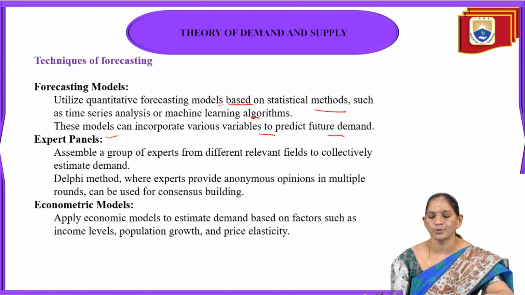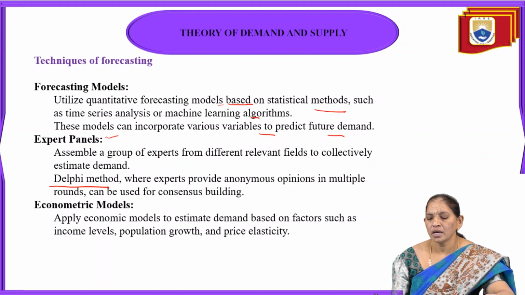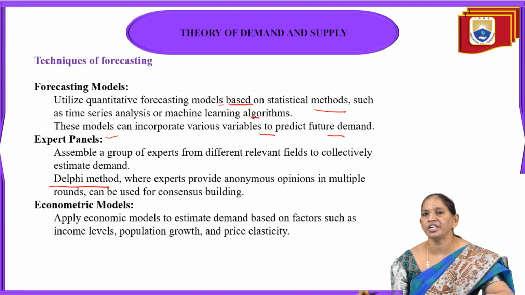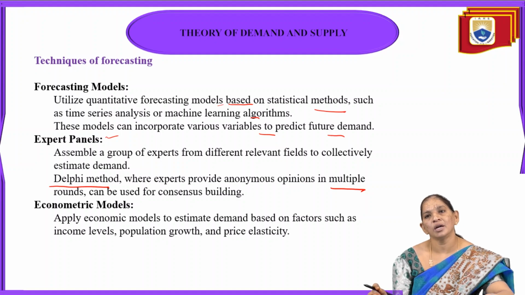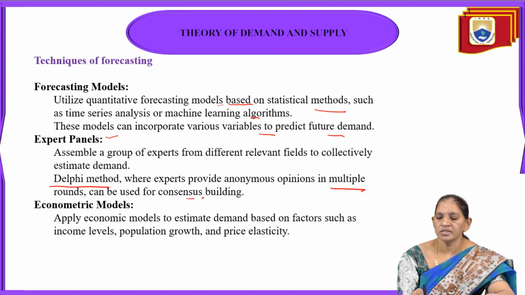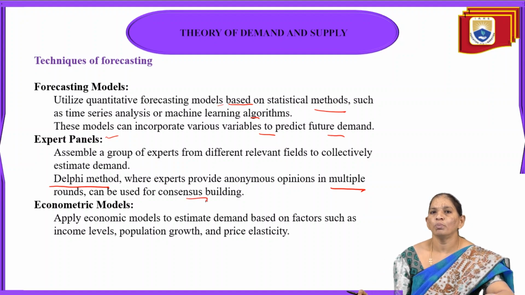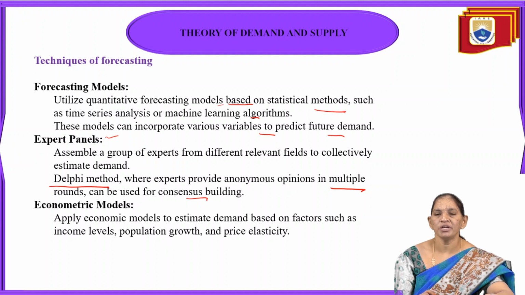These expert panels are famously called the Delphi method, where they provide anonymous information and opinions in multiple rounds, expressing different opinions based on the types of consumers and the movement of goods and services, which is used for consensus building. In order to build a good consensus, we require these expert panels or the Delphi technique. Next, econometric models.